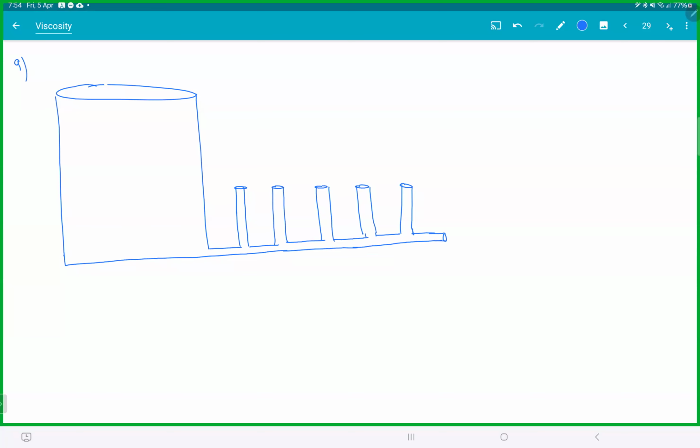There. So liquid is flowing out like this. So the container is fully filled. The viscosity is eta, right? So when the liquid is flowing out through this pipe, this is length L, this is L, this is L. So the distance between any two pipes is L.